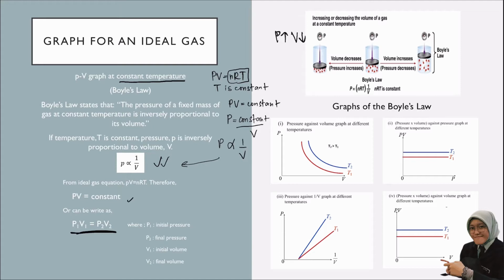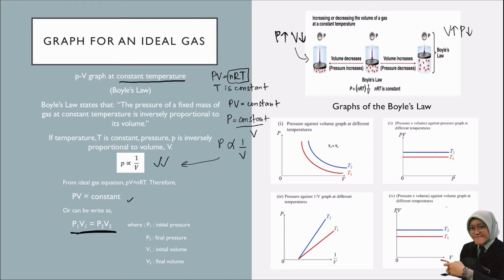So the molecule dalam tu akan bergerak lagi laju lah. So boleh tengoklah dia punya kat sini. So kat sini, this is for this one. So if the volume is increased, then the P will decrease. So this is Boyle's law.